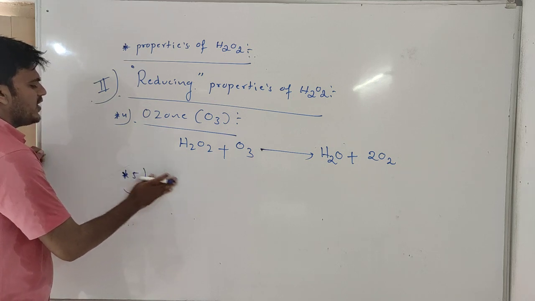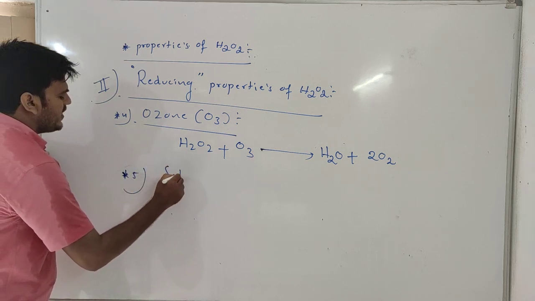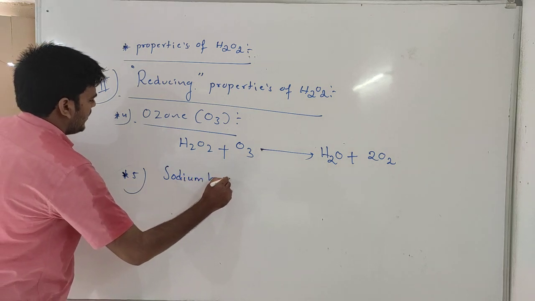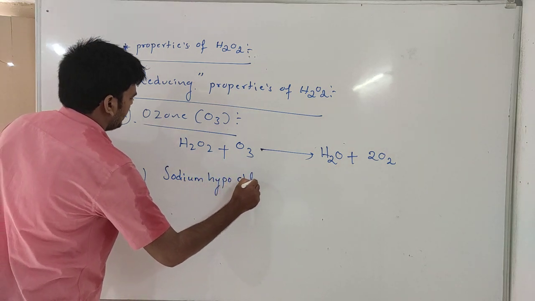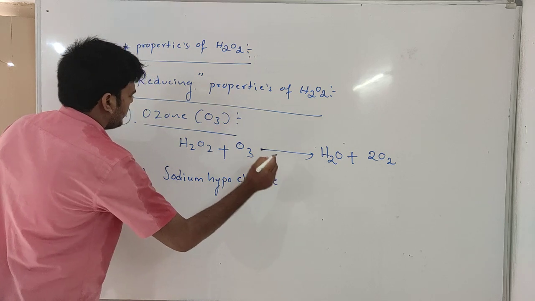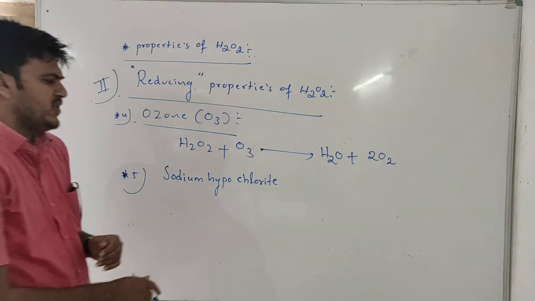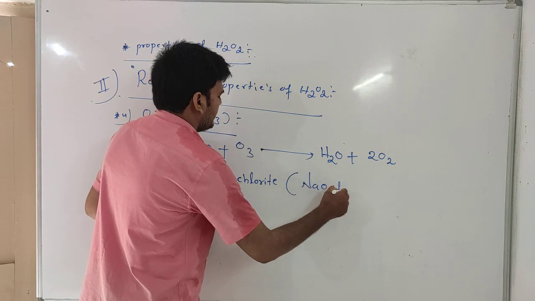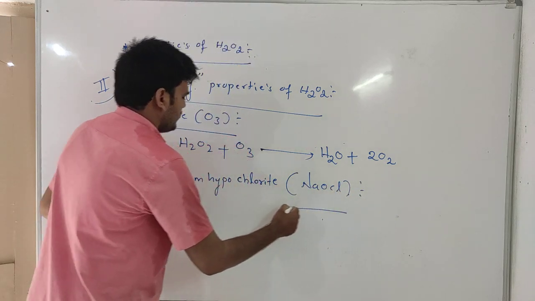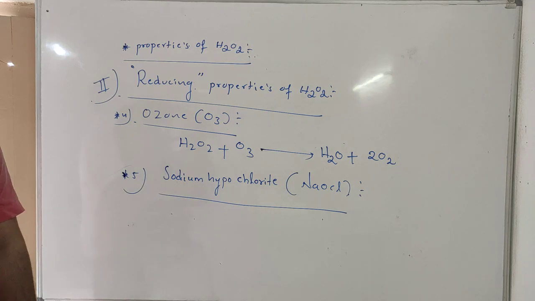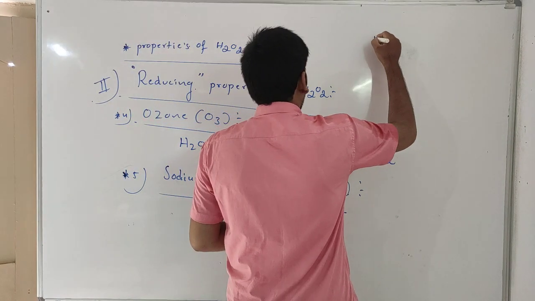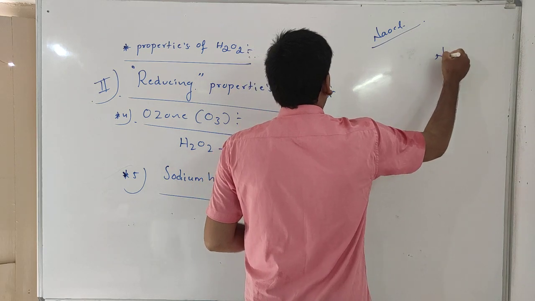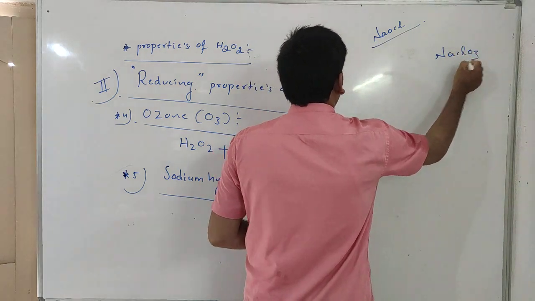And next, most important, reaction with sodium hypochlorite. Generally sodium hypochlorite formula is NaOCl, but sodium chlorate formula is NaClO3.